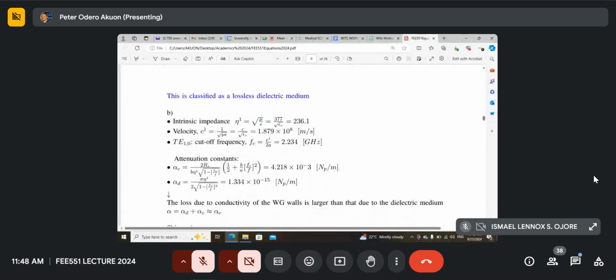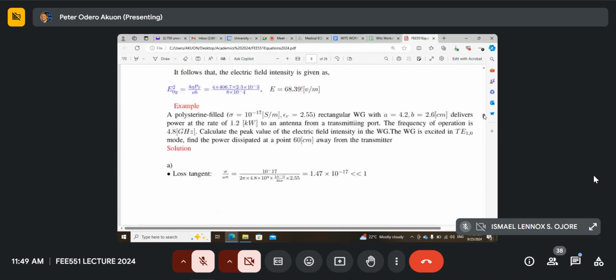B, you can calculate the intrinsic impedance. We say that is root of mu over epsilon, but now we have root of mu over epsilon naught is 377, which is 120 pi. So it means you divide by root of the relative permittivity. So you get 236.1. We are given the relative permittivity for the dielectric, which is 2.55.